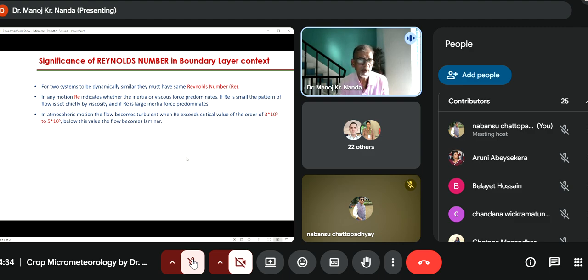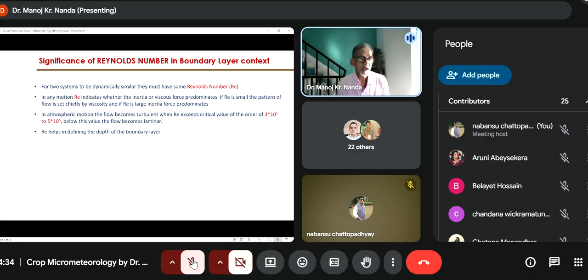For us, it is important to take the open atmosphere where there is a surface only and the open atmosphere outside, so it is not a pipeline condition. In this case, 3 lakh to 5 lakh is my threshold. Between 3 lakh and 5 lakh there is a transition; actually, there is a mixed layer, a mixed flow.